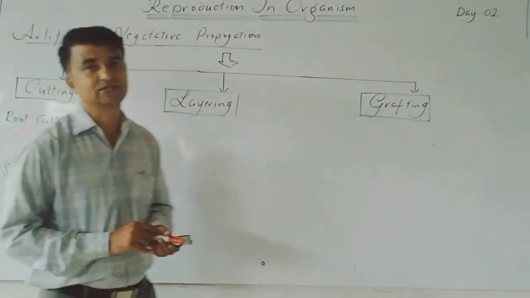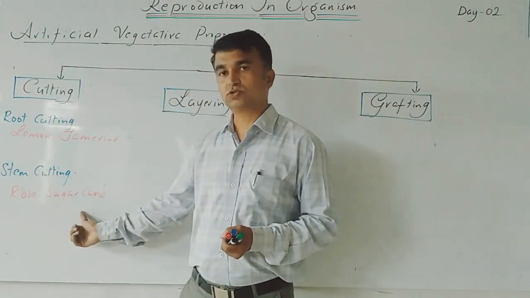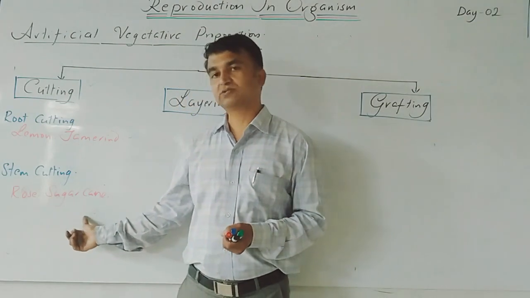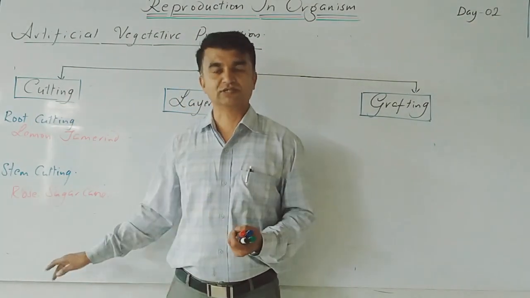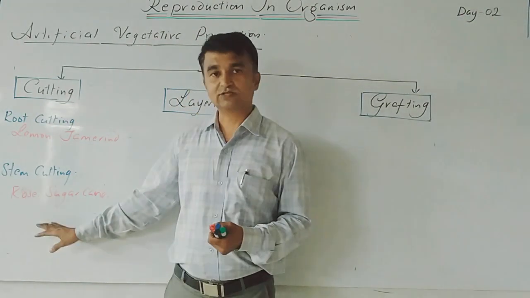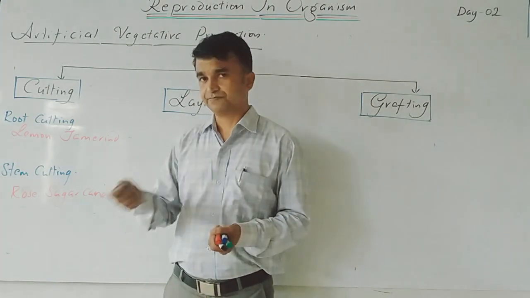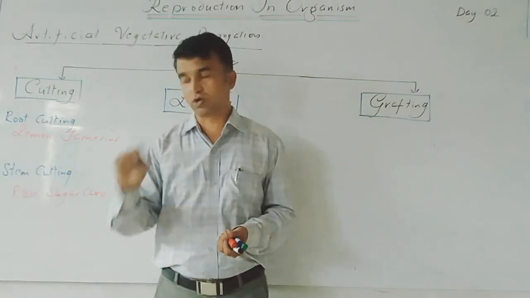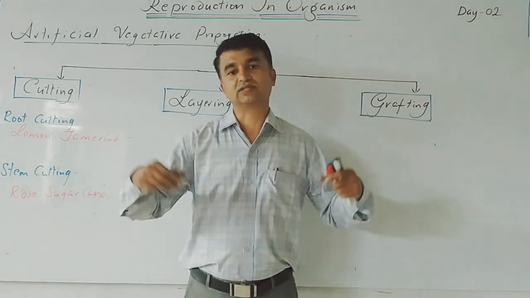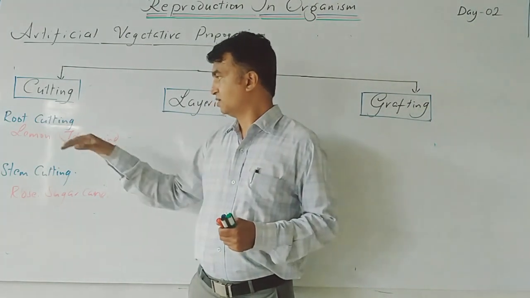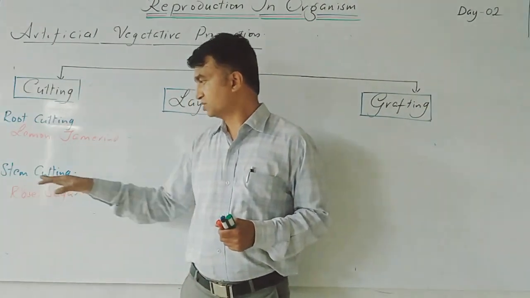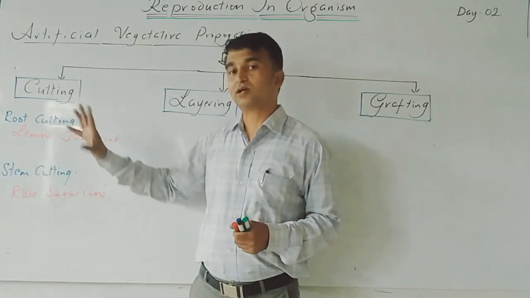This is a familiar example. If you take the rose or the sugarcane, only stem cutting is used as artificial vegetative propagation. Even in the agricultural field, the farmers use the buds present in the nodal region of the sugarcane as seeds only. So lemon, tamarind, roses and sugarcane, these are the cuttings.